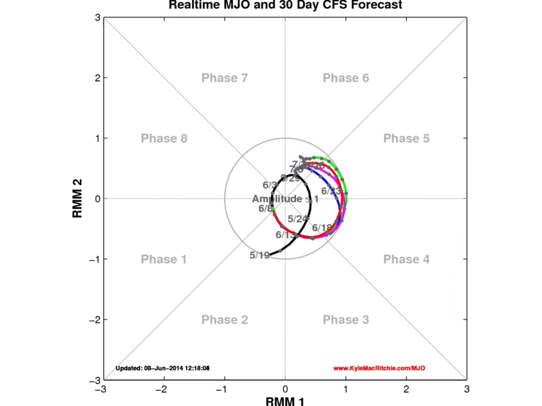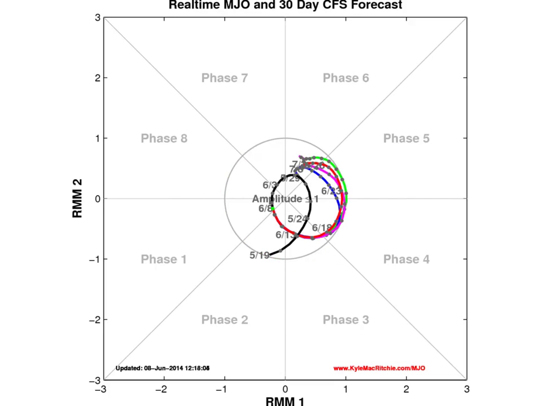So where does it take us after that? Well, this is the MJO forecast from the CFS, and it's the coloured lines that we're interested in. The black is taking us through the phase of where we are at the moment, and what we want to get away from is this inner circle here as far as we can, because that's kind of the neutral zone of the MJO.